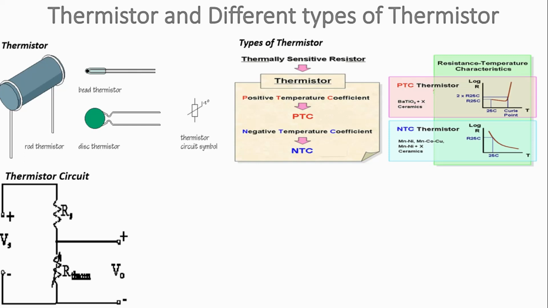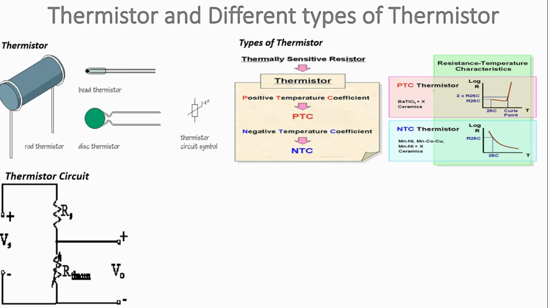The other classification of PTC thermistor is called switching type PTC thermistors. It is made from ceramic type materials and is known to have a very high resistance change from a small change in temperature. Dopants are also added to the material so that they show a semiconductive behavior as well.